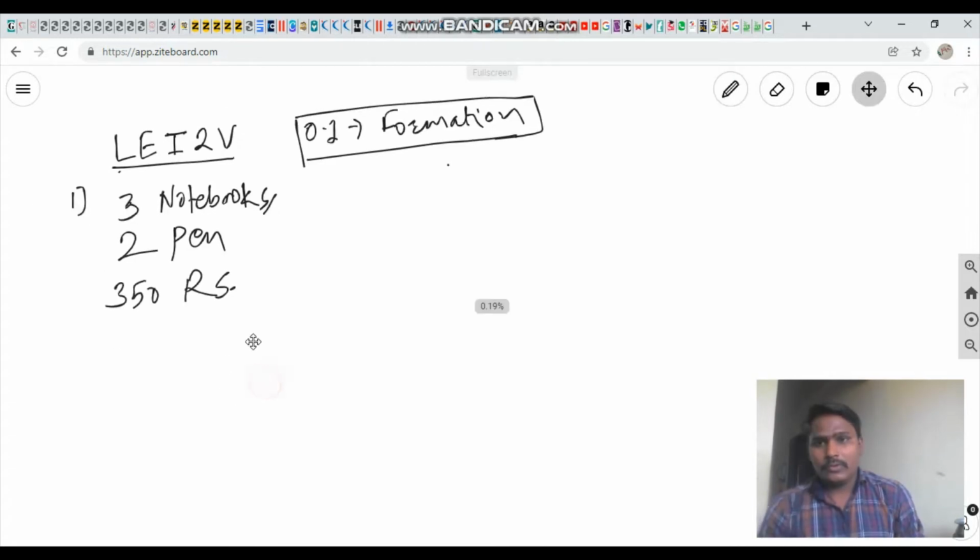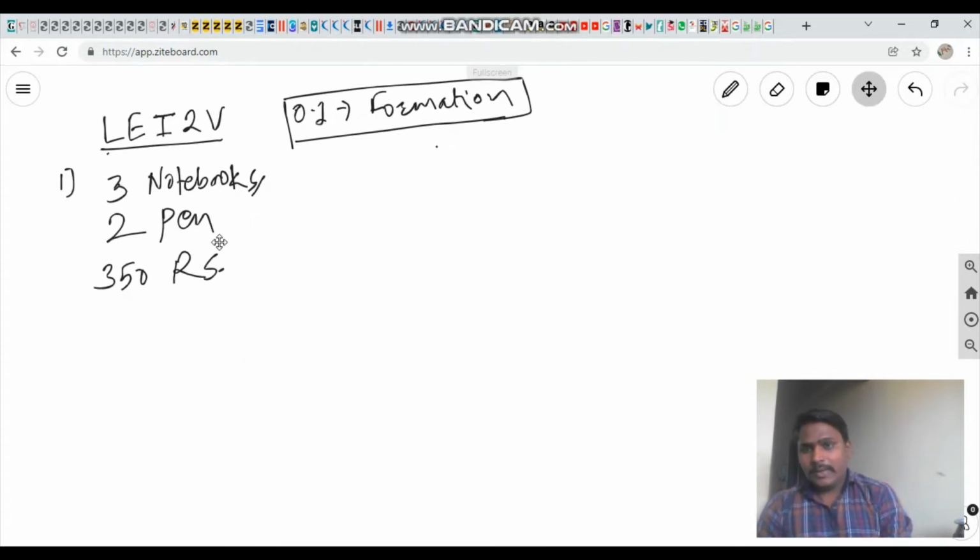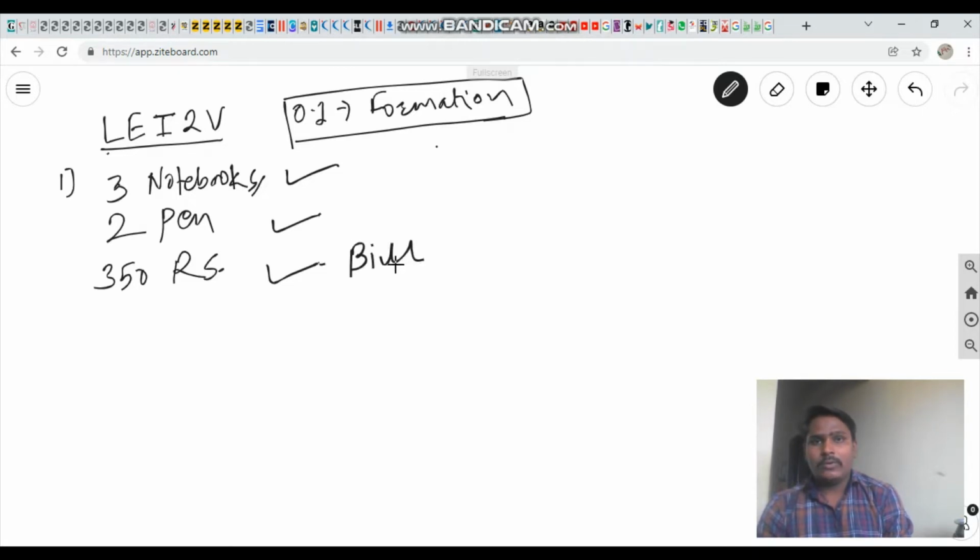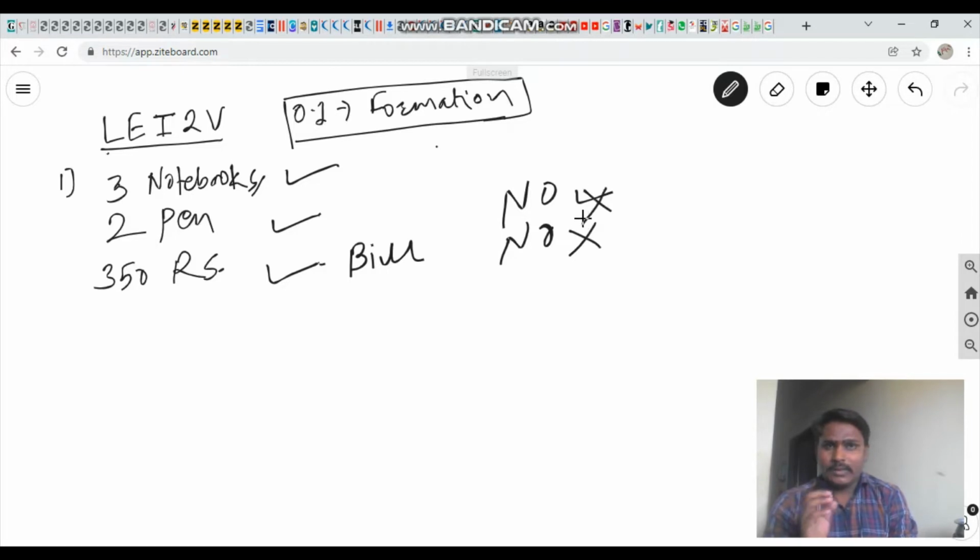Now we know that this boy Rahul is buying 3 notebooks, 2 pens, and 350 rupees is the total bill paid by Rahul to the shopkeeper, right? This thing we know. Is there any information given about the price of a single pen? No. Is there any information given about the price of a single notebook? No, right? So we don't know the price of a single notebook or a single pen. So this is unknown to us.